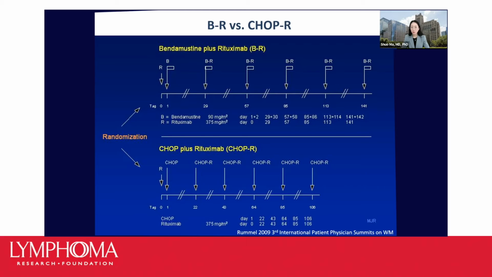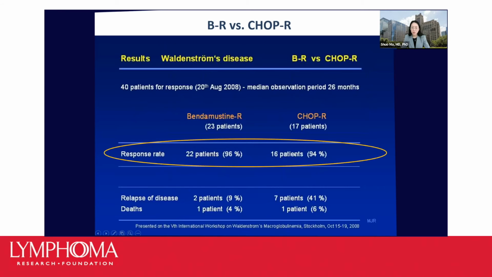This trial included many different types of indolent lymphomas, but there were some Waldenström patients included as well. Patients were randomized between BR, bendamustine rituximab, versus R-CHOP, which is one of the other commonly used cytoxan-based regimens. You can see that the response rates are very high in both arms, about 95% for either treatment arm.